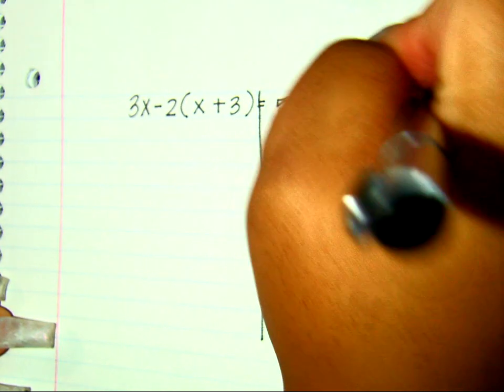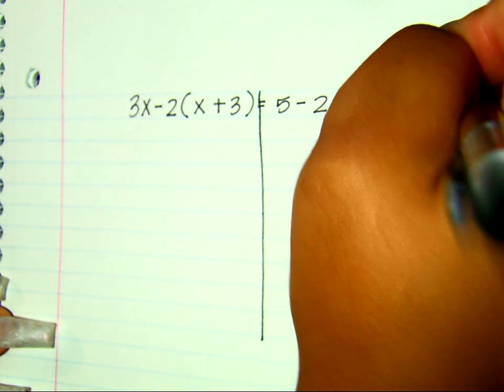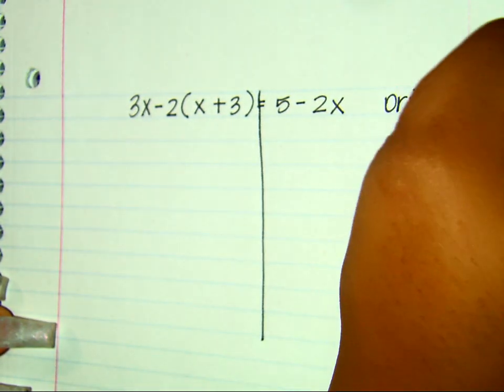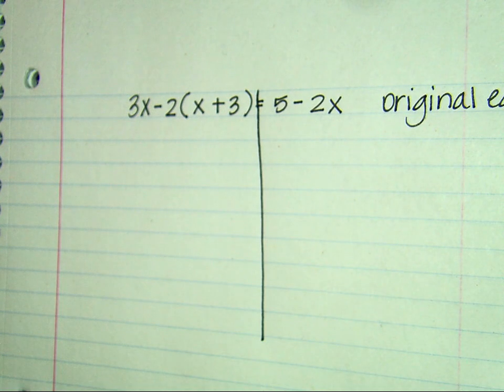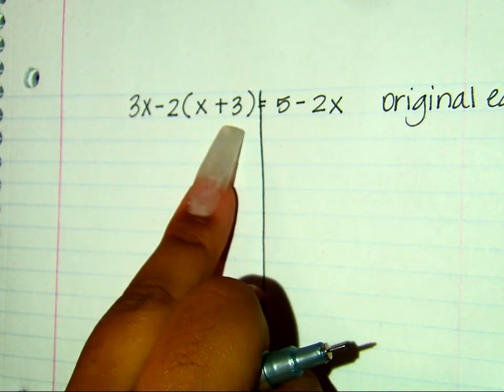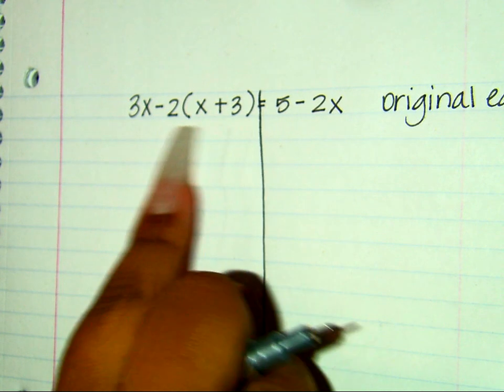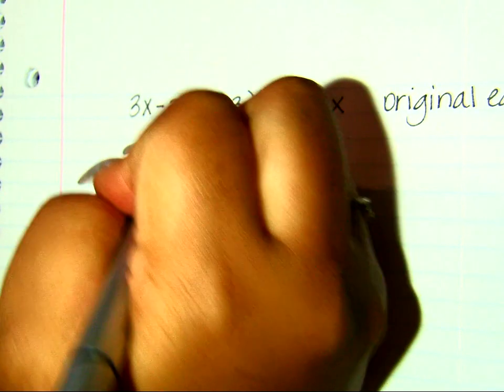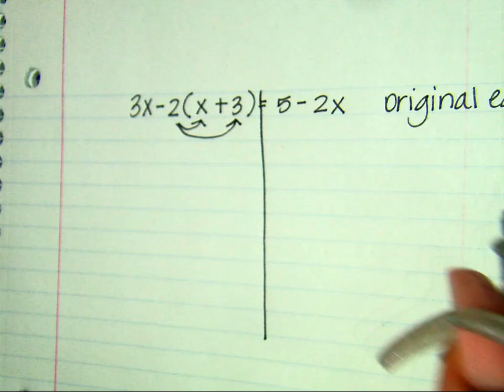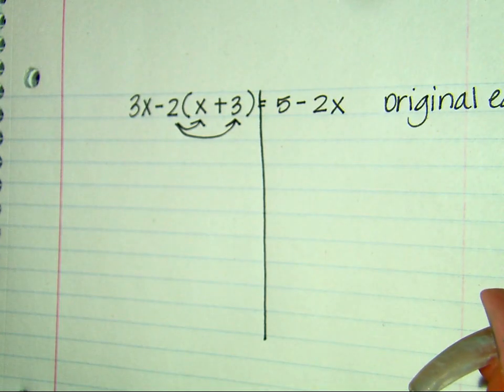This right here is the original equation, so this is where we started at. Alright, so I see that we have some parentheses here, so that means I'm first going to have to distribute this -2 to each term inside of the parentheses.